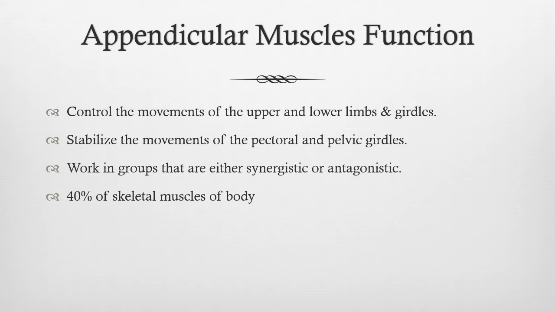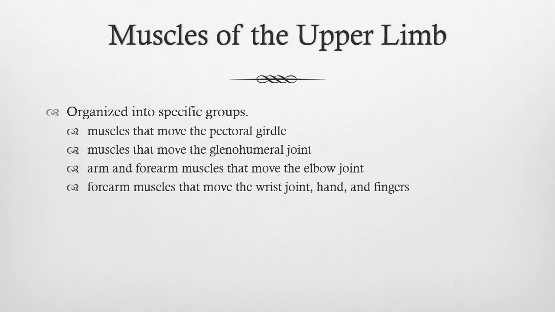They typically have either a synergistic or an antagonistic effect to one another. So if one muscle does flexion, the other muscle may do extension. Of all the muscles, these are fairly large, and they make up some 40% or so of all the muscles in the entire body itself.